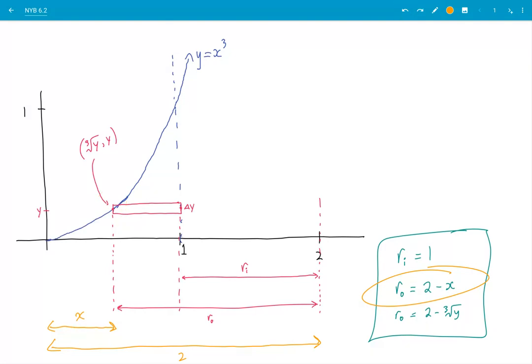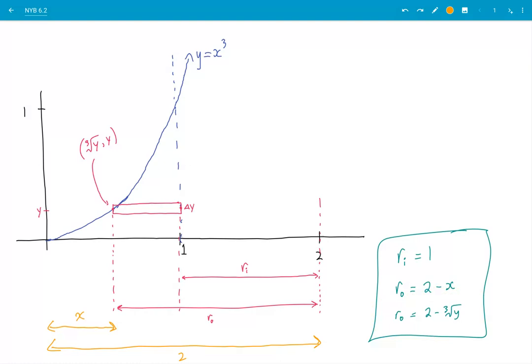Again, here I've drawn a fixed length 2, and the length I want is that 2, subtract the x value of this point here. That's why I get this expression down here.